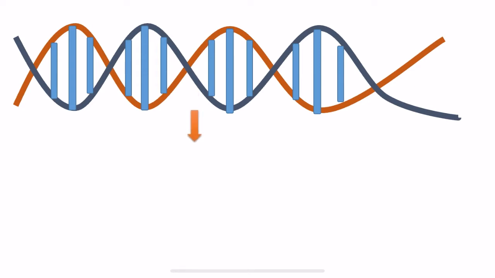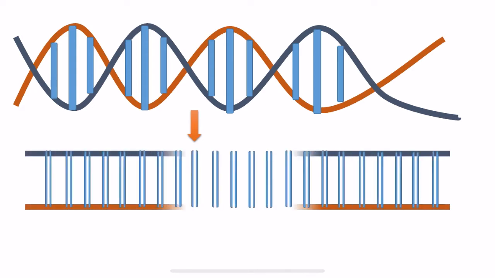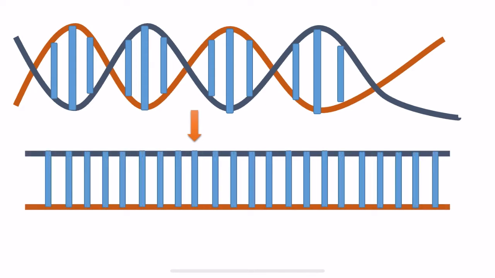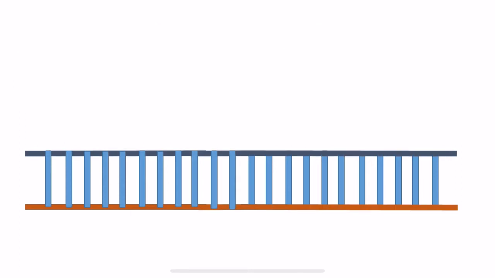If we unwind our DNA, it looks like a ladder where the two strands are there, possessing a variety of interconnected bonds. Here is how this bonding structure is situated.